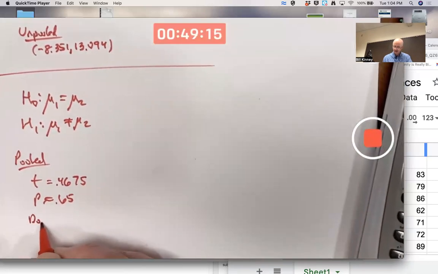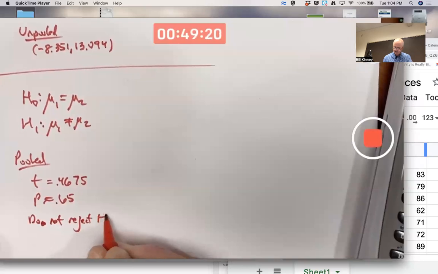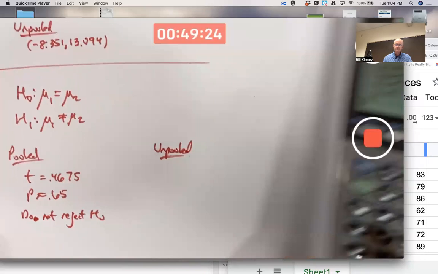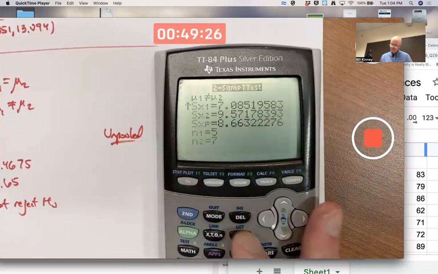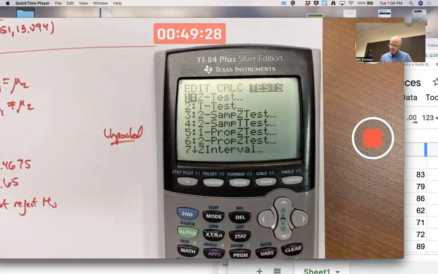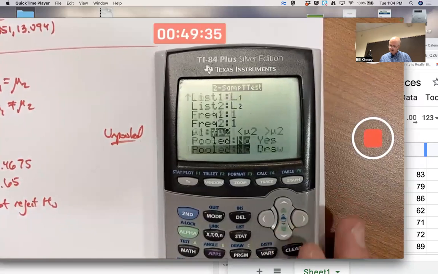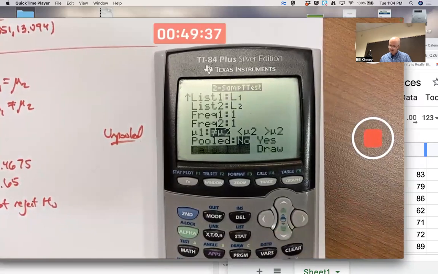Do not reject the null. If it's unpooled, two-sample t-test, go down to no. I'll just have it calculate.